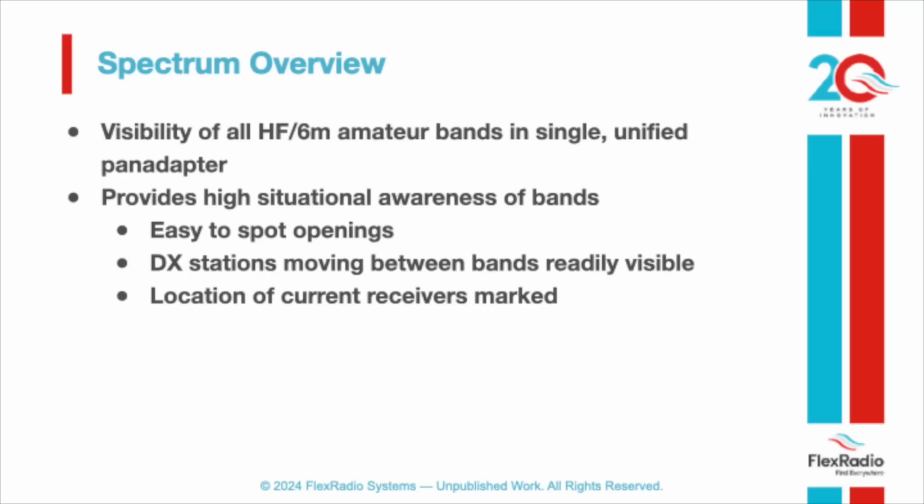You'll create a profile for that and say, I want to watch 20, 10, and 6, and you'll have a single pan adapter at the top of your display window that shows all three of those bands in high resolution. We have a new capability to add extra resolution in the 8000, so you'll be able to see the activity on all those bands and then switch to one of them if you want to. So it allows you to keep an eye on the bands.